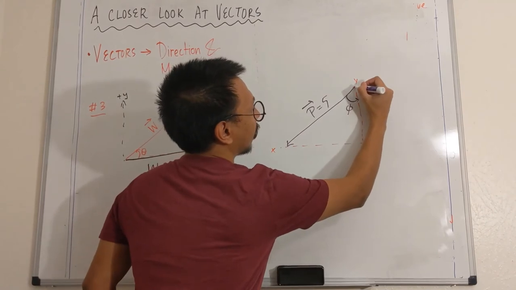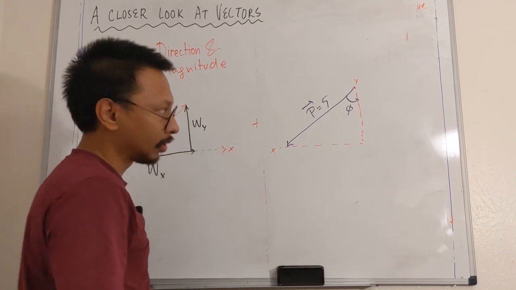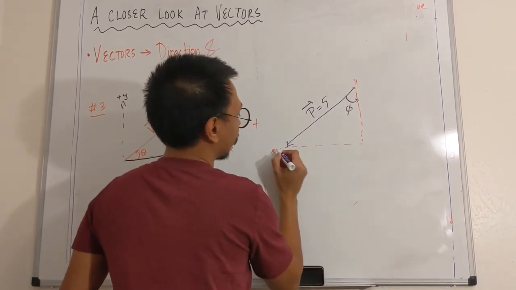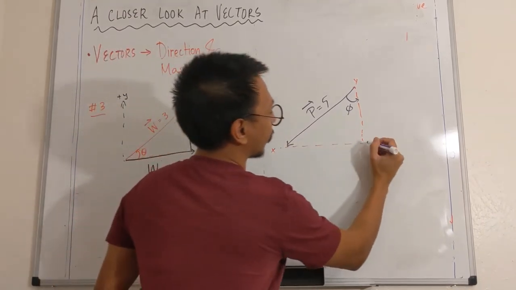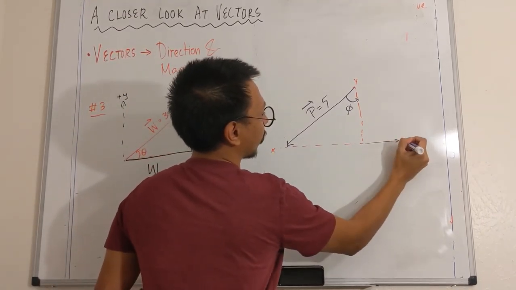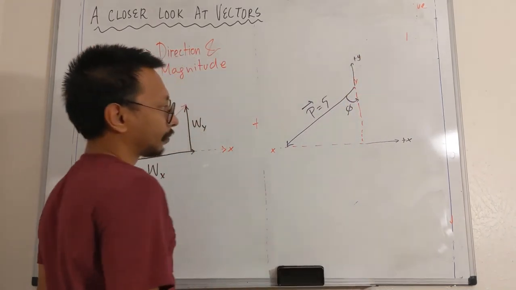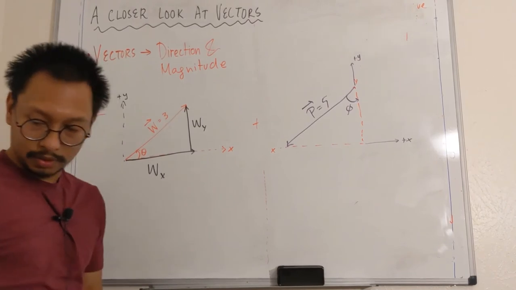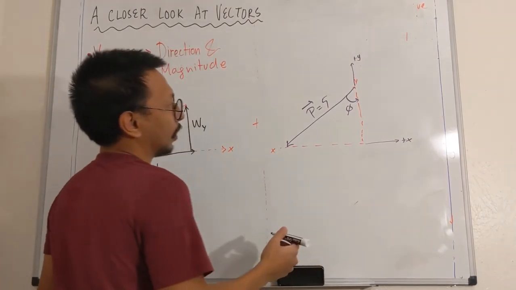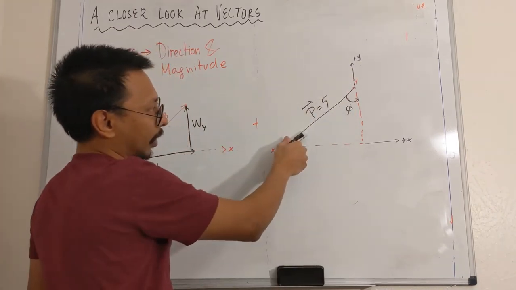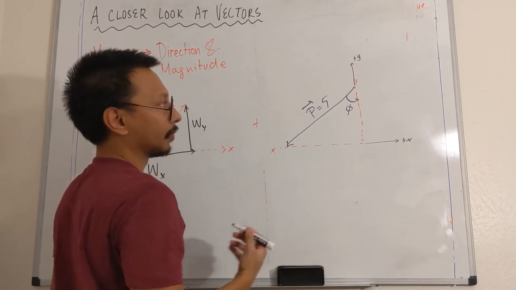P is going down from here, and this is on the same coordinate system as this vector. So this way is positive x and that way is positive y. Okay, so it's going down, vertically decreasing, horizontally decreasing as well.